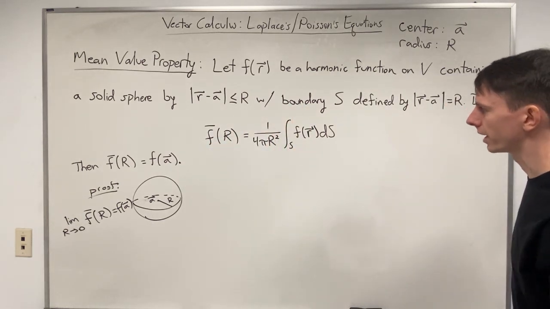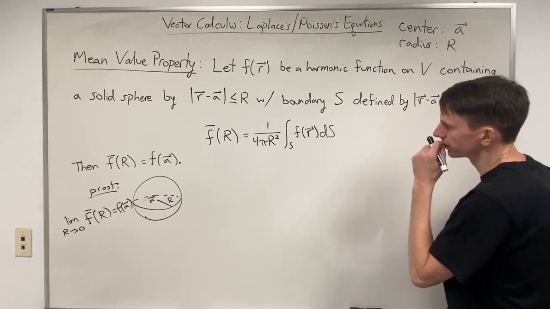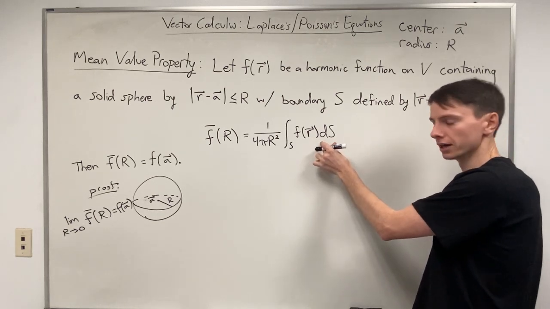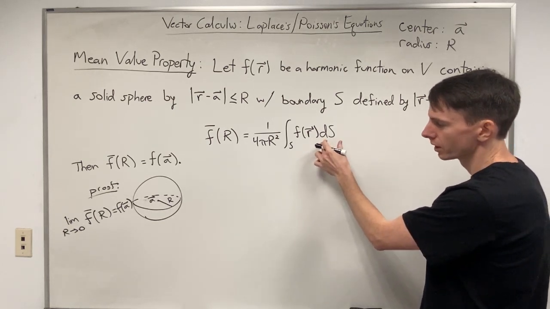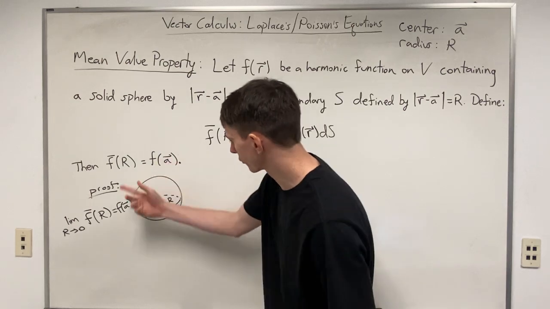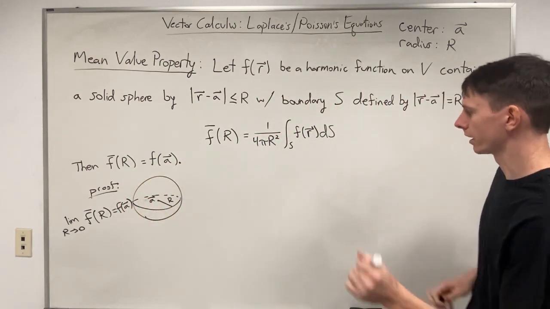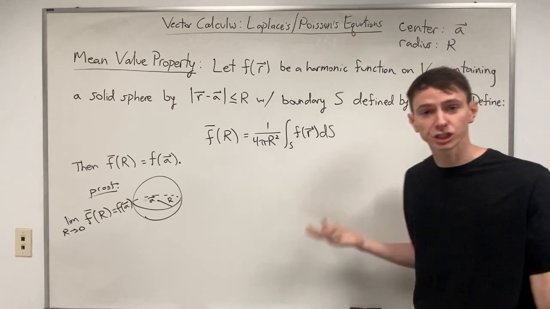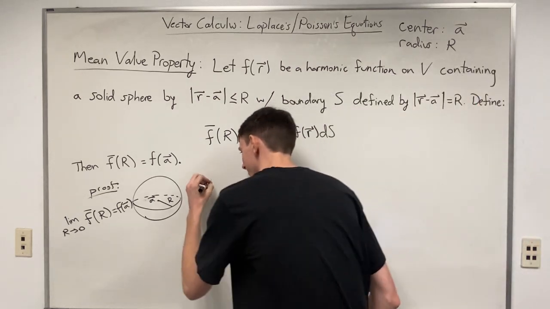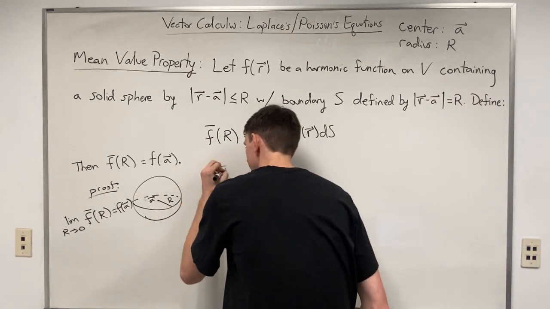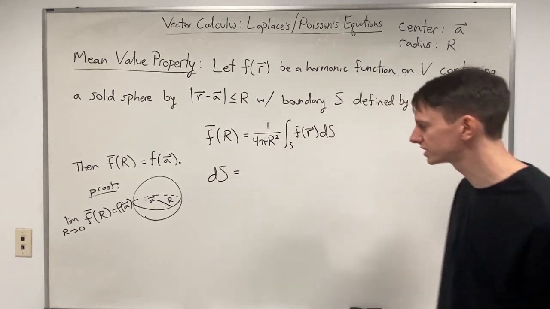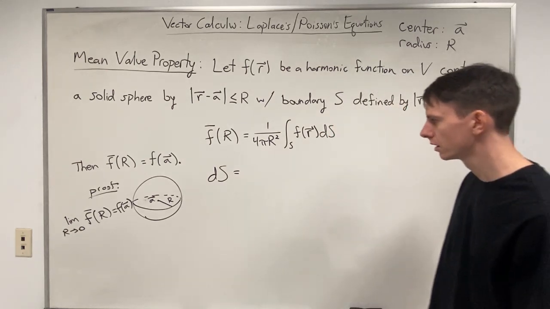So what I want to do now is just to take a look at this area element right here, dS. Right now we're integrating over the surface of this sphere, a spherical shell. And naturally we want to be using spherical coordinates for this, right? So dS is going to be written in terms of spherical coordinates.